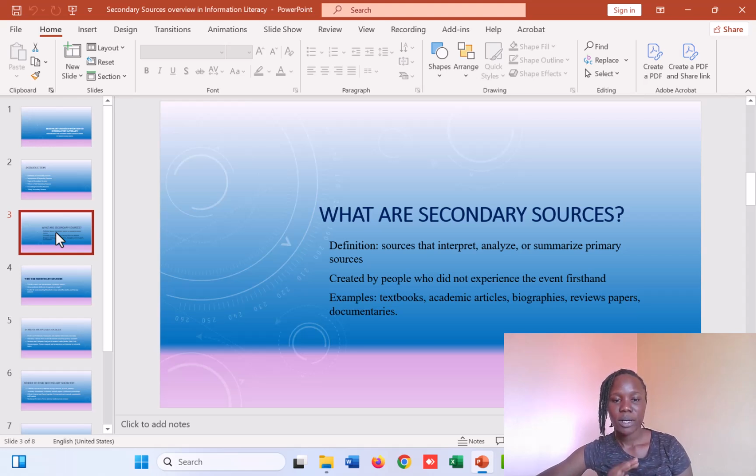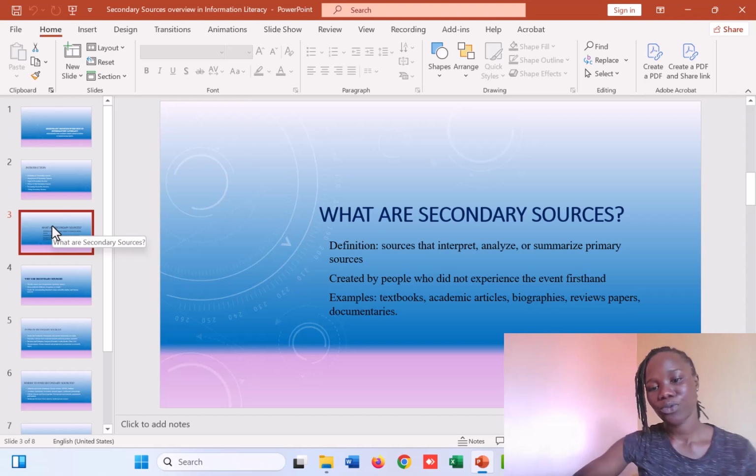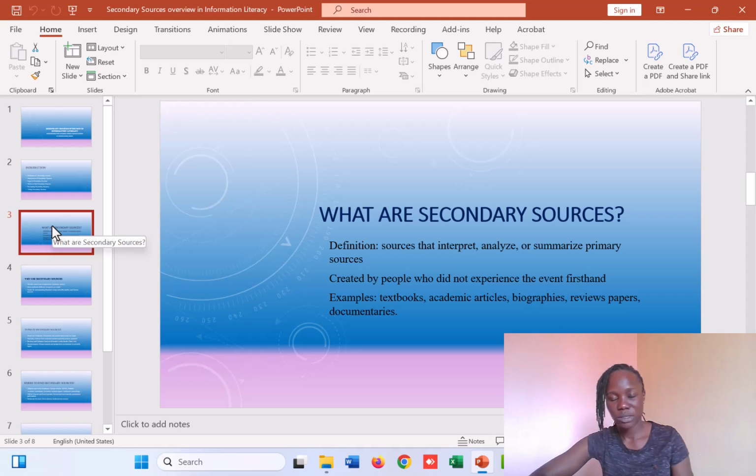Some examples are textbooks, academic articles, biographies, review papers, and documentaries. So secondary sources are simply second-hand information, got from people who did not experience the event firsthand.